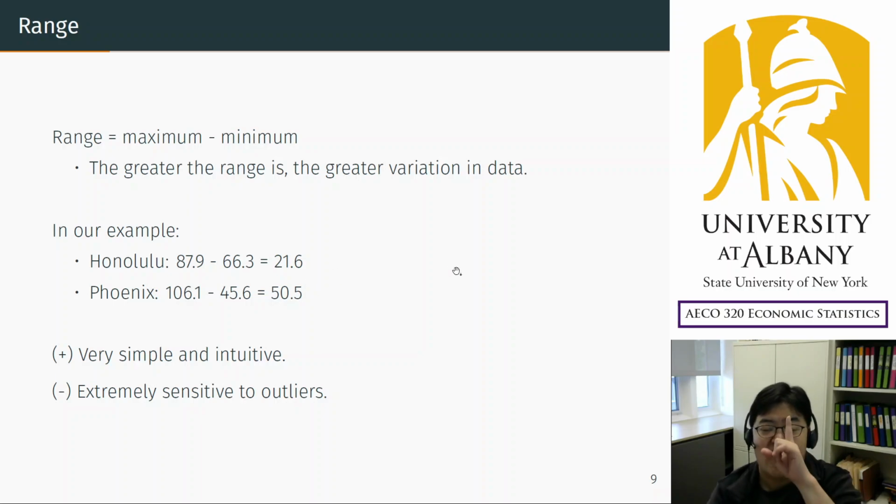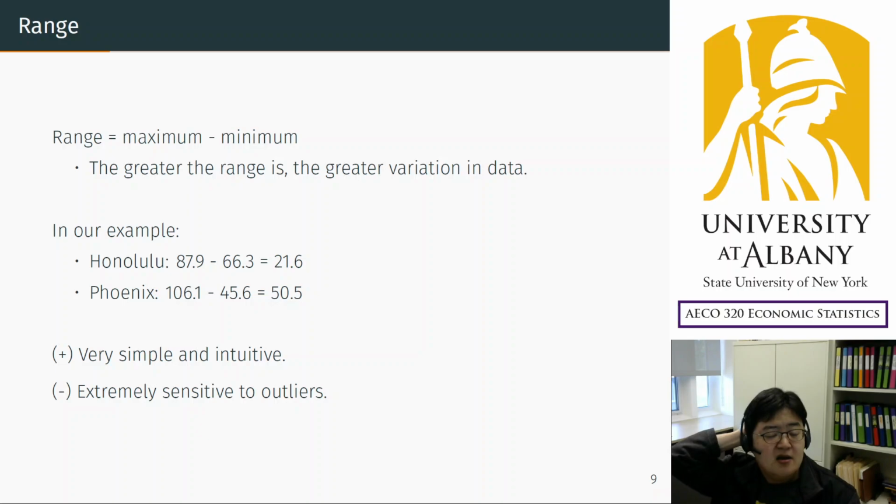No matter how big your data is, say you have a billion observations, if you make one error which affects the maximum or the minimum, then that will totally contaminate your measure. The range can be 100% affected by a single error or a small number of samples.